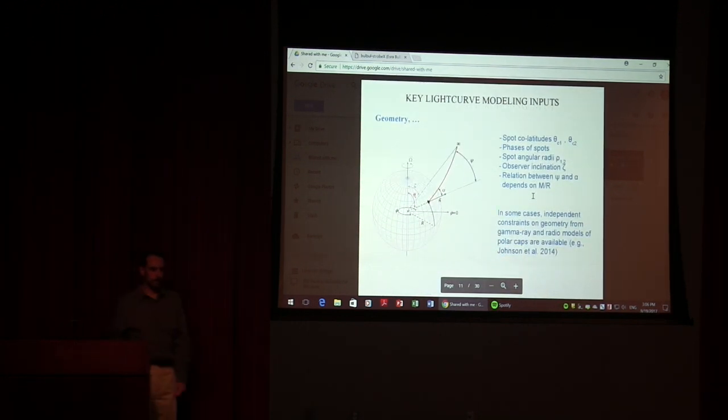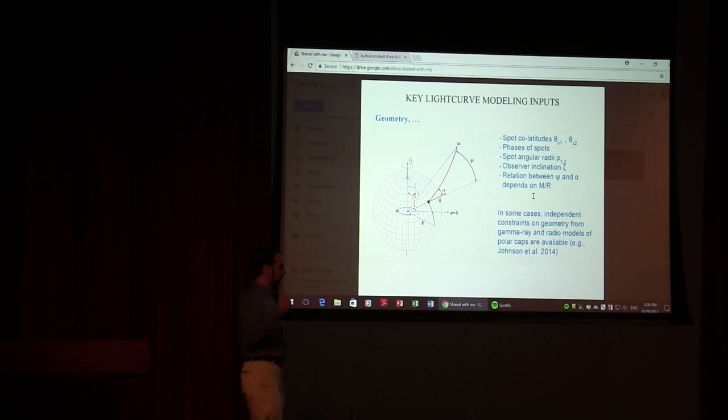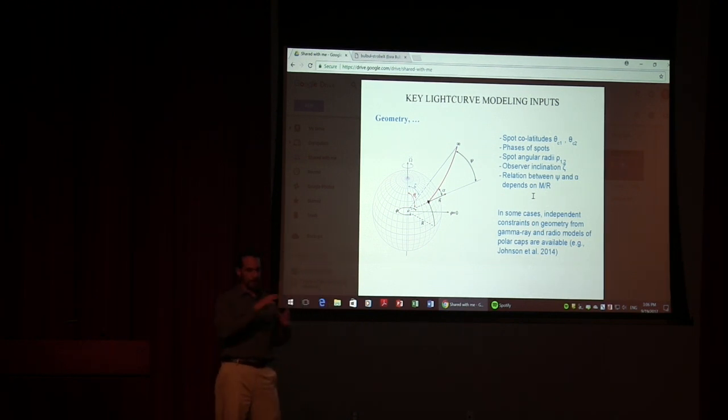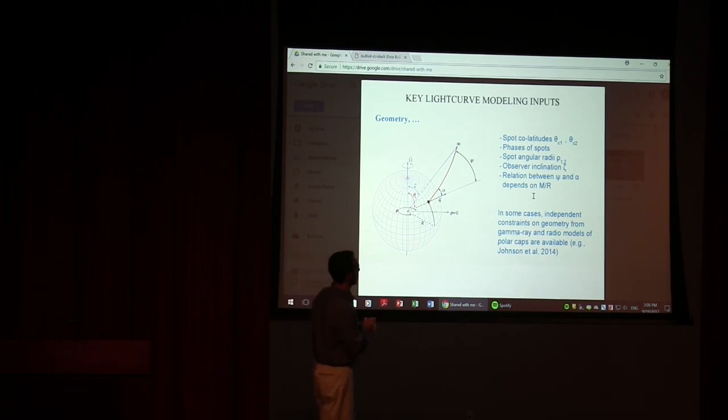The key to light curve modeling, whether you're talking about rotation powered or accretion powered or burst oscillation type modulations, is you have to have a good handle on at least three things. One is the geometry. You have to know where the hotspot is on the surface and where the observer is observing the star, what co-latitude on the star surface.